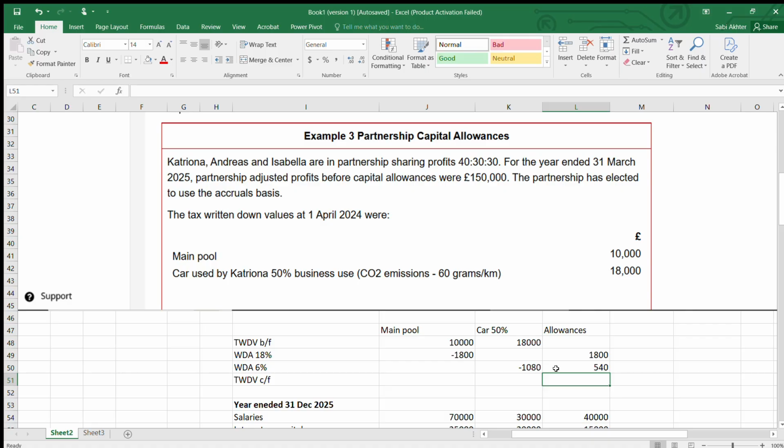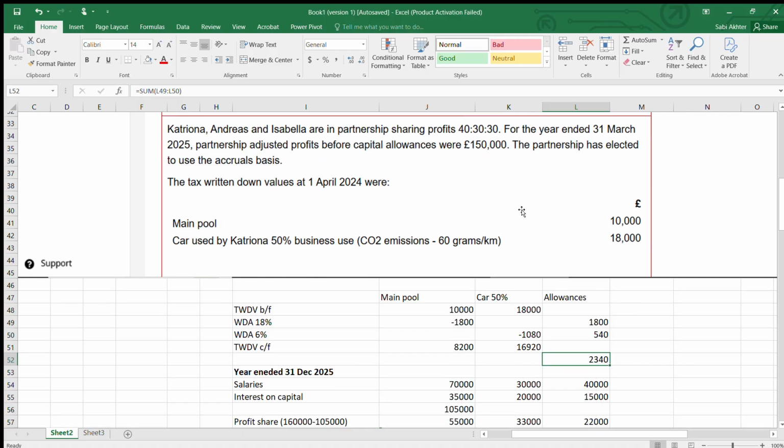And then nothing else, just do the sum function and take the total. So I'm going to drag it, and here I'm going to do the sum function, only these two. This is your total allowance, 2,340. Now you need this 2,340, which you have to deduct from your 150,000 profit.